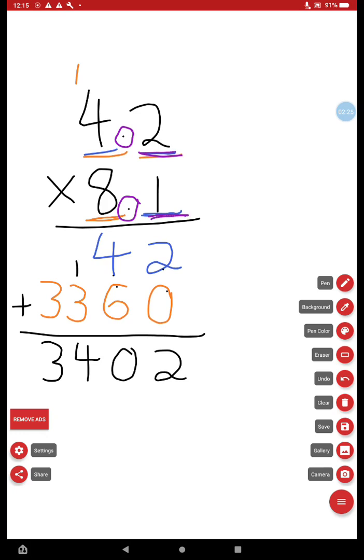So that means my answer needs to have 2 decimal places. The decimal point goes right there. And now I read it as 34 and 2/100ths, or 34.02.